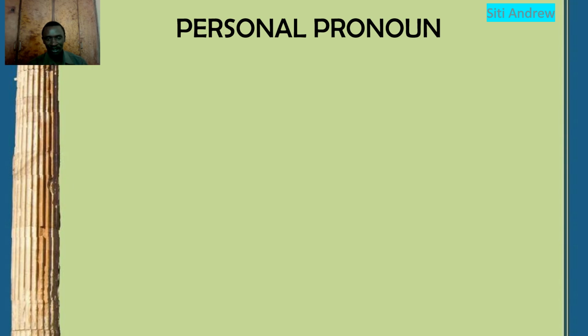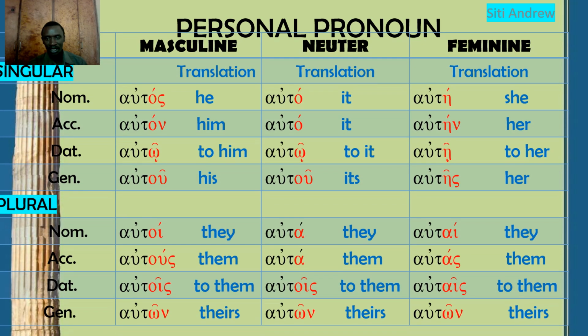wonderful study. Let me put all of this here so that you are able to see how this third person personal pronoun looks. In fact, it declines in the same way that you see, like we saw with the adjective agathos in different genders and different cases.